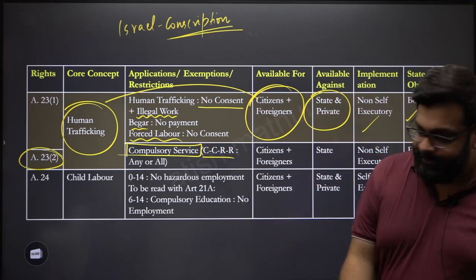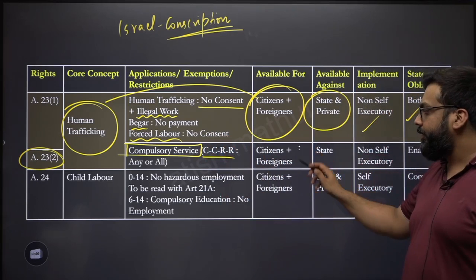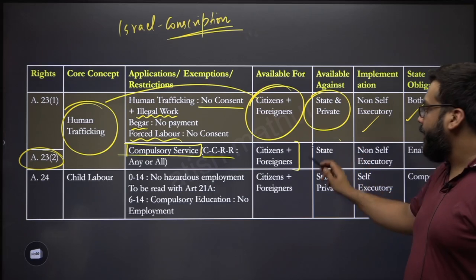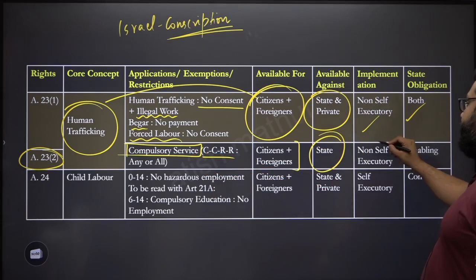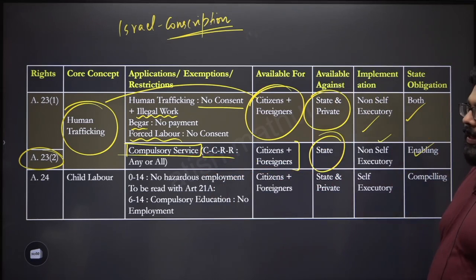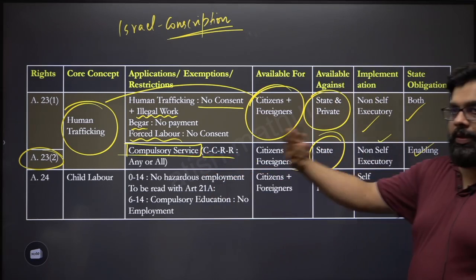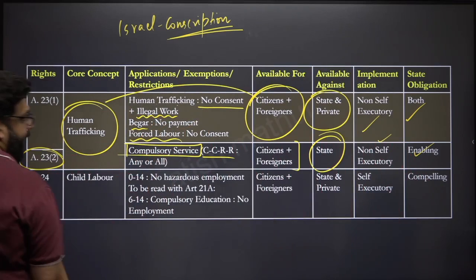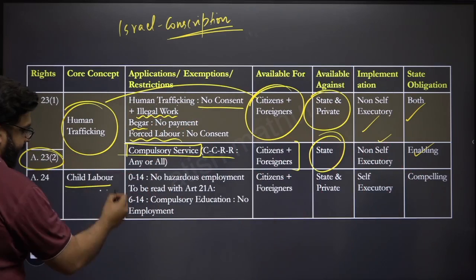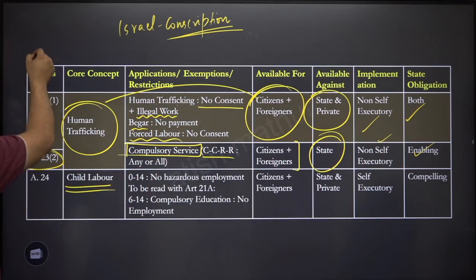Available for citizens and foreigners both, available only and only against the state because it is compulsory service, therefore logical. It's non-self-executory and it is enabling in nature, which means you may have to require further laws for it. A subset of human trafficking is child labor, right? Which is where age plays a very important role.